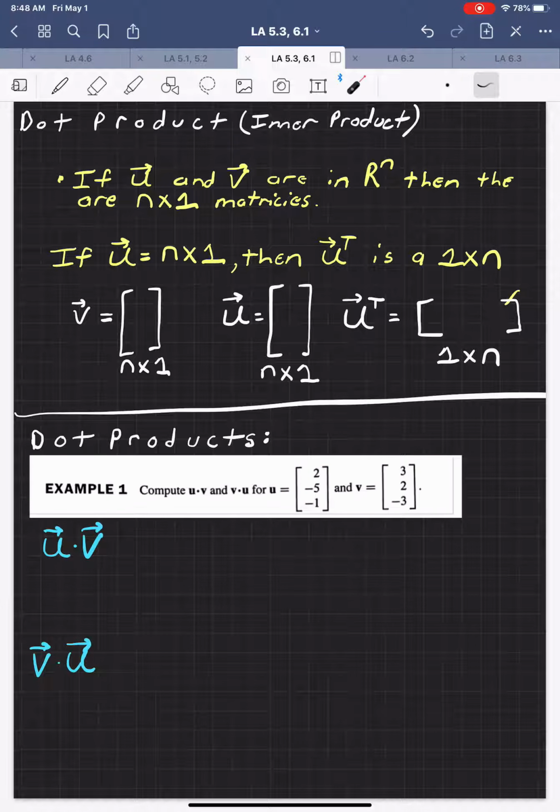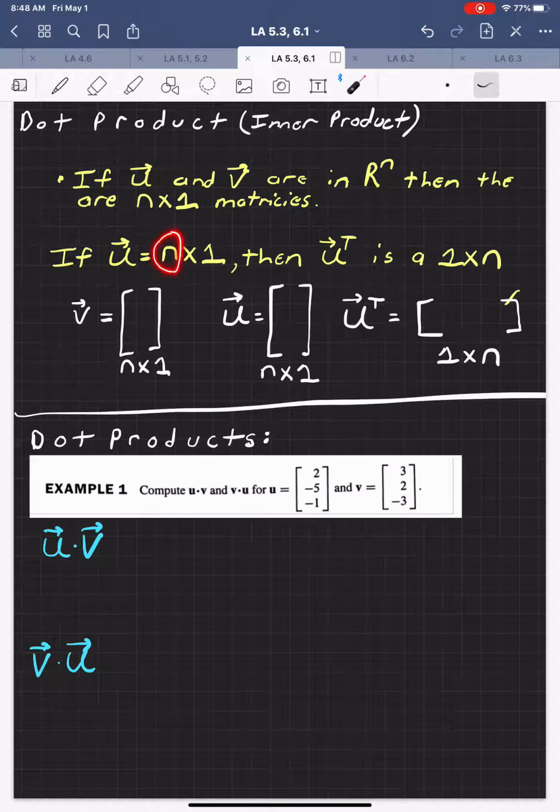Well, okay, so back up here. If u is some n by 1 matrix, some vector, then recall the idea of a transpose, right? So u transpose. If you recall, the transpose is when the columns become the rows and the rows become the columns.